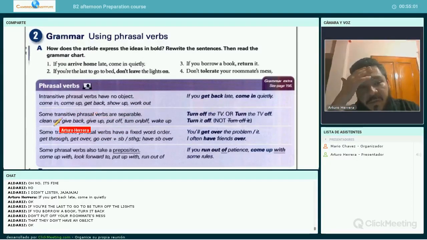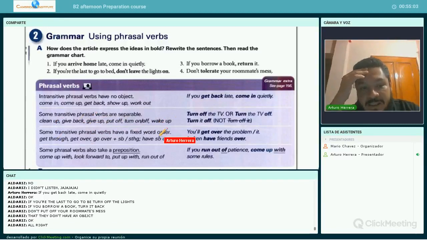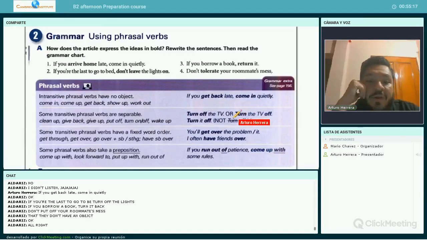Look, we have that some of the transitives are separable, like turn off. You can say turn off the TV, turn the TV off, or turn it off. Look at not. Not is very important. We cannot have the phrasal verb there and then an object pronoun.